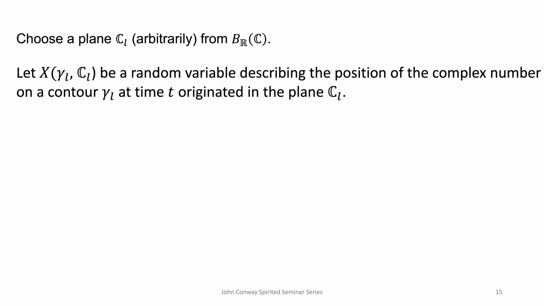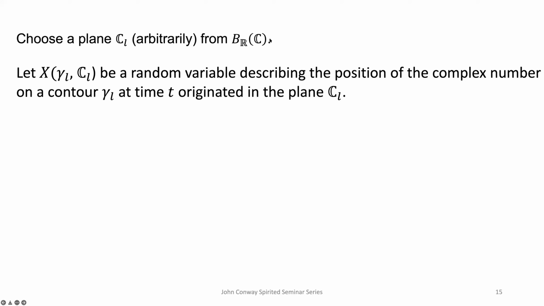The same thing as on the previous slide was on the previous setup, without any randomness. Now let us see how the random environment plays a role. So what we do, we again pick up some arbitrary plane, a CP or CL from the BRC, again from the same bundle.